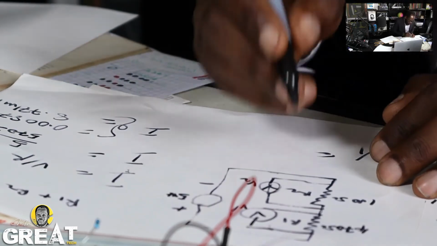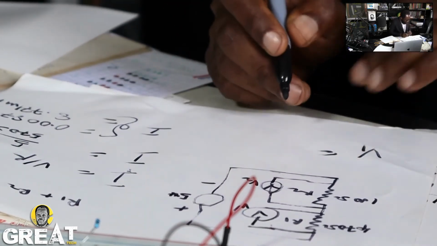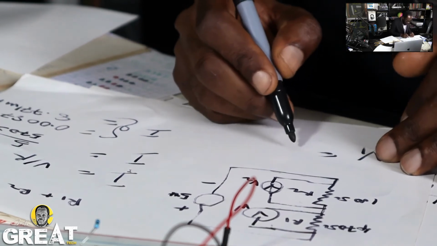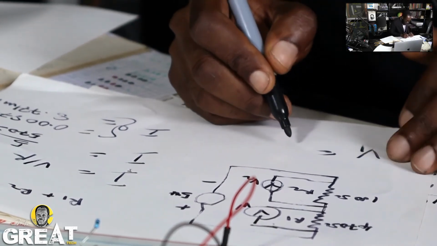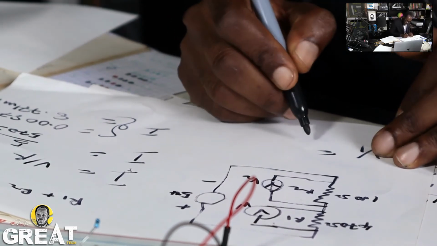So V1 is equal to I, the total I, times R1. So now, what is I? Let's go by amps.